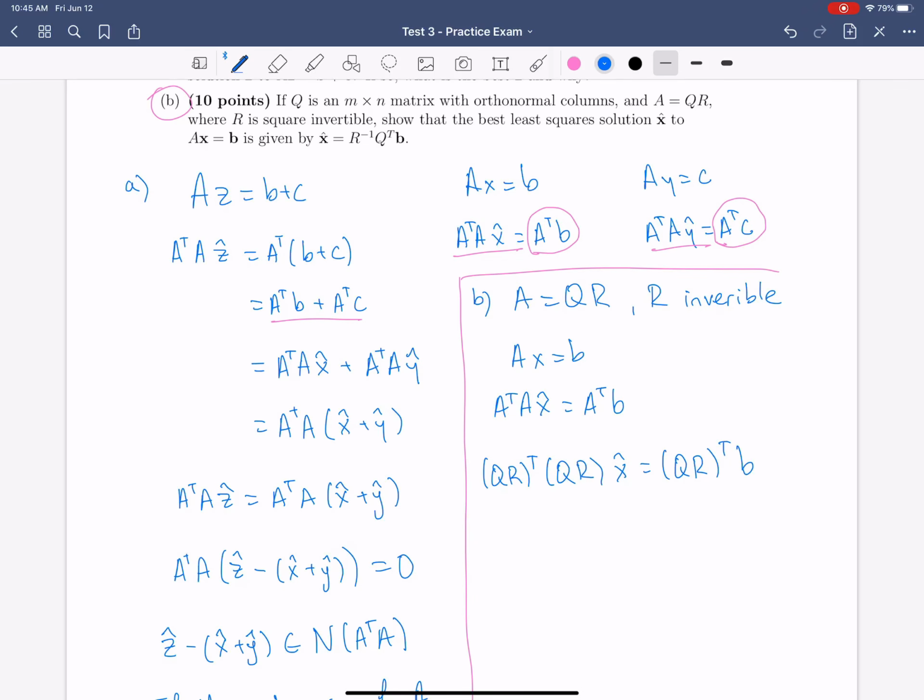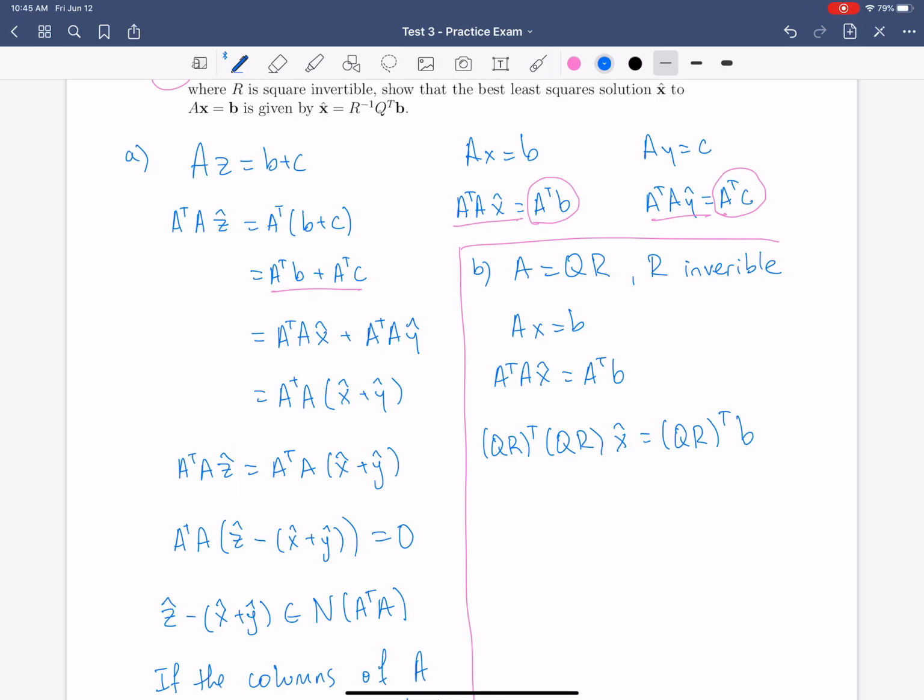So Q is not invertible. I cannot multiply, because Q times R, which is A, is not invertible. Why not? Because Q is an m by n matrix. So I cannot assume that A is an invertible matrix. But I can apply the transposition.